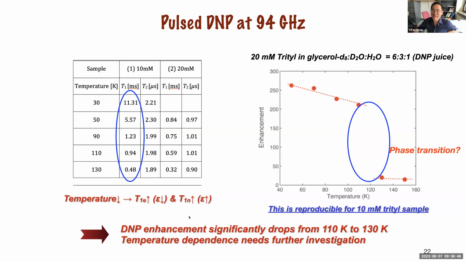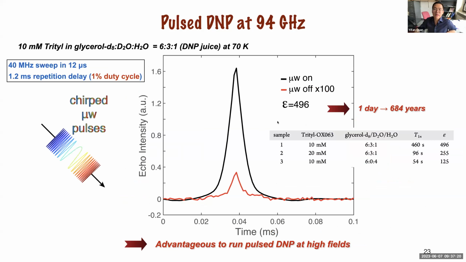So it will be something complicated, and these values also vary drastically from sample to sample with different matrix and different concentration or type of radicals. So you wouldn't be surprised that each single sample has a different temperature behavior, and it could also be that the temperature dependence is not just going up straightforwardly. It could have some optimum temperature to run DNP. So this is also something we want to investigate in the future.